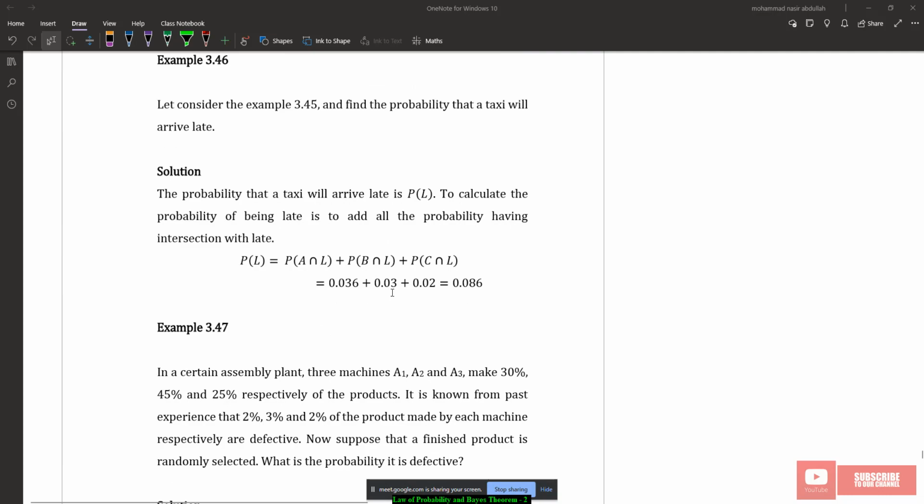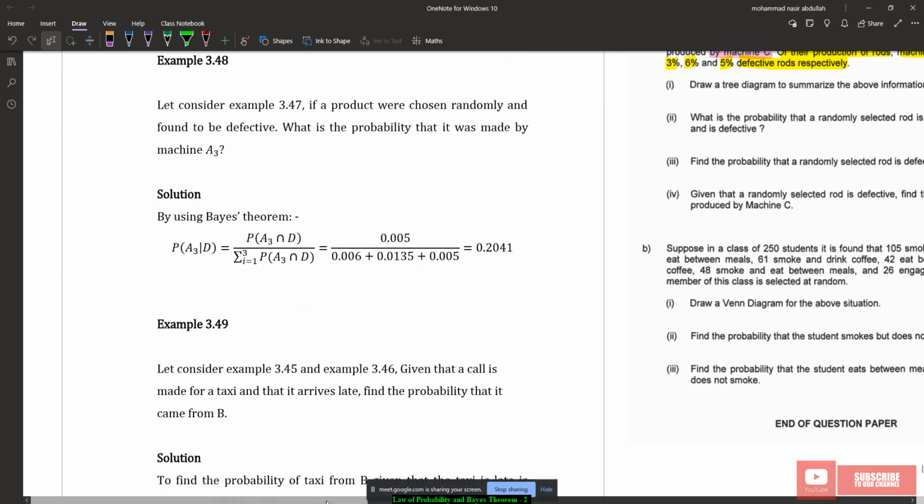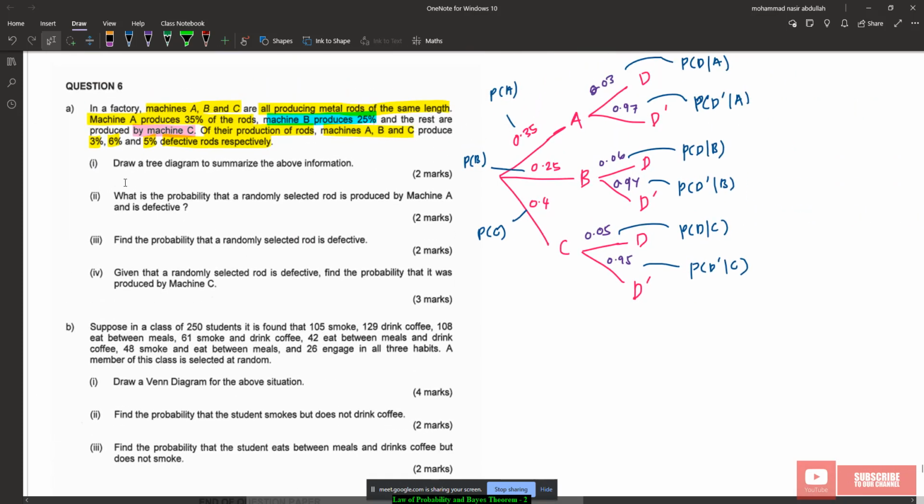Now, let's look at the example. Example question 6A1 we have already done. So now let's look at question 6A2.